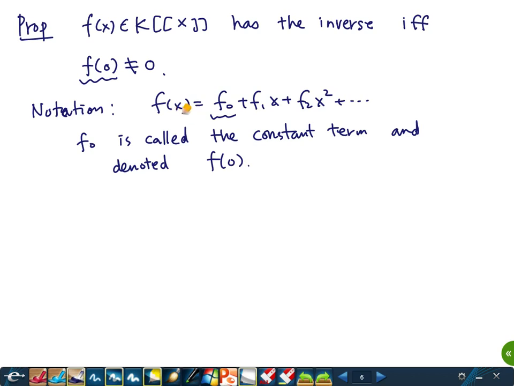In fact, it's called a formal power series, or also called a generating function, but it's not a function. We will not regard this as a function. So what is a function? If f of x is a function, we plug in something for x, and f of x will give us some value. But this is not the case in a generating function. We will not consider this as a function.